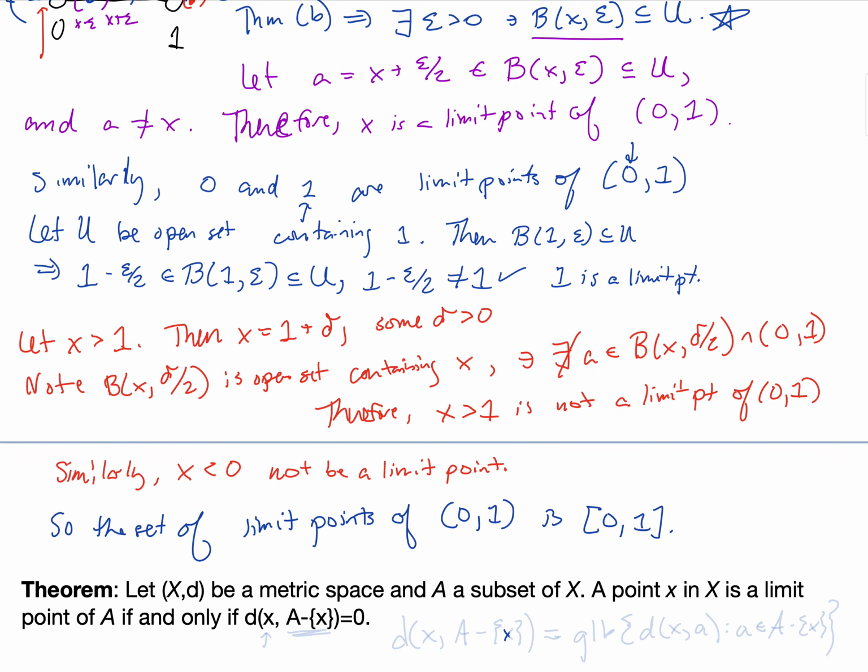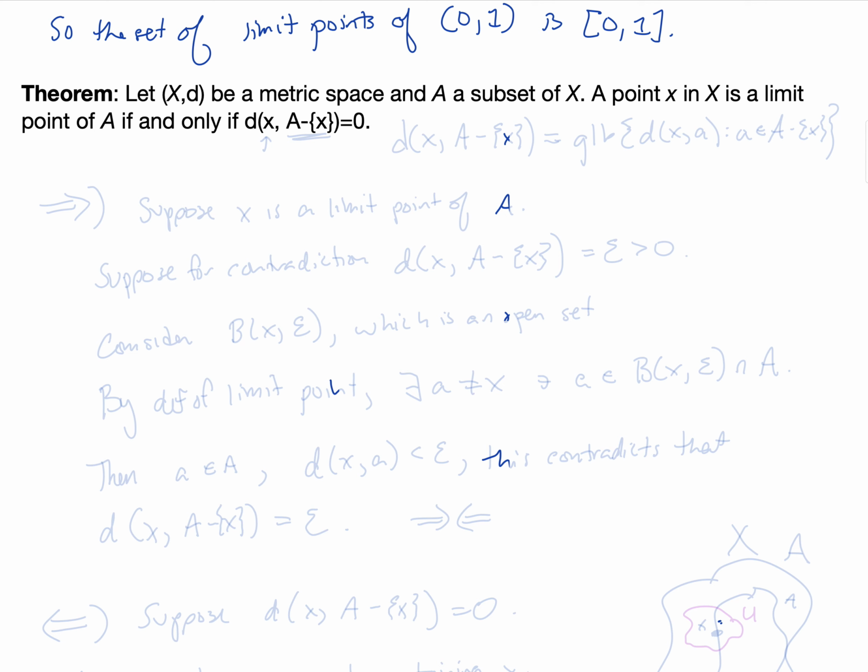Here's a theorem about limit points in a set. Let (X, d) be a metric space and let A be a subset of X. A point x in A is a limit point of A if and only if the distance between the point x and the set A without x is equal to 0.